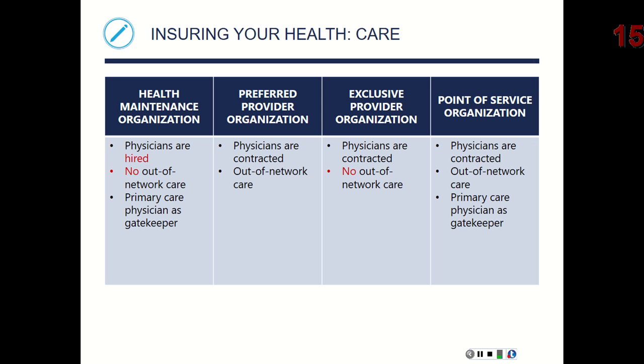And then they all have various different rules, if you're part of these different companies, of what you must follow. So setting up what doctors you can and cannot go to for your care, depending upon, like I said, the type of organization.